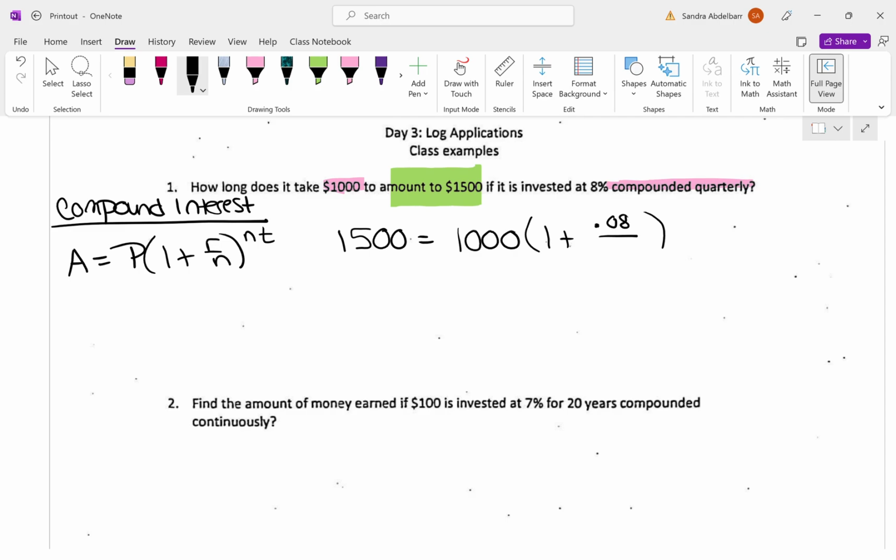It says compounded quarterly, so how many times is that each year? 4. Raised to the NT power. So isn't that 4t? And it says how long, right? So we obviously are solving for time. How long does it take?